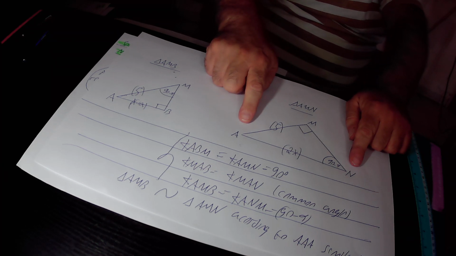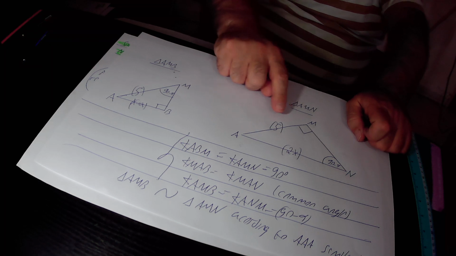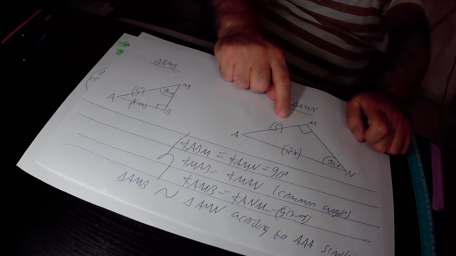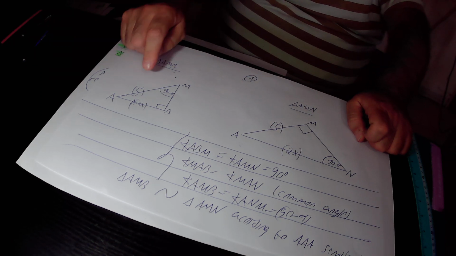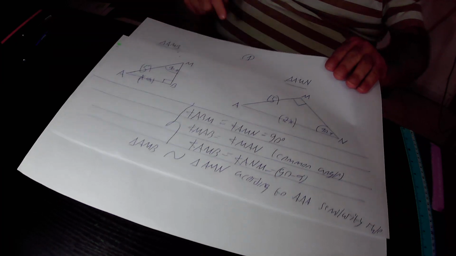AN is the diameter of the semicircle, the radius of the semicircle is x, therefore the diameter must be twice as long as the radius, so the diameter must be equal to 2x. So AN equals 2x, AM equals 5 units in length according to what is given, and AB in total equals x plus a.